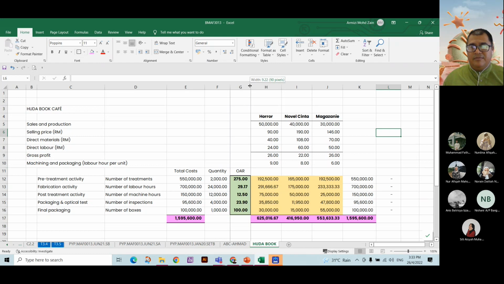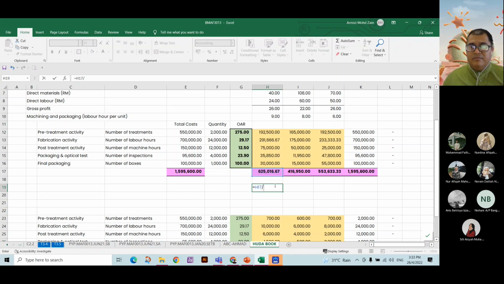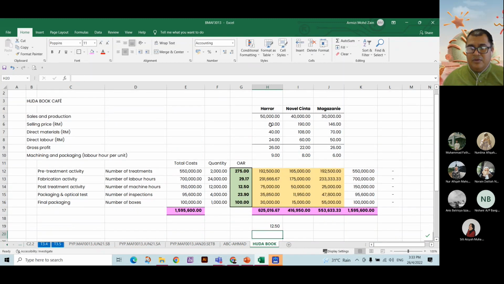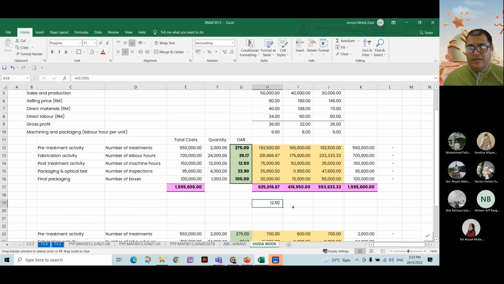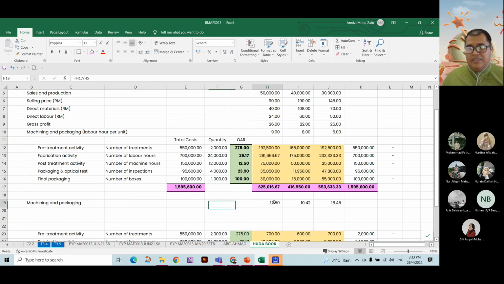Ini ABC. Okay, berapa unit tadi? This one bahagi dengan 50,000. So RM12 kita dapat overhead ni. Machining. Cost untuk machining. 12, 18.5.